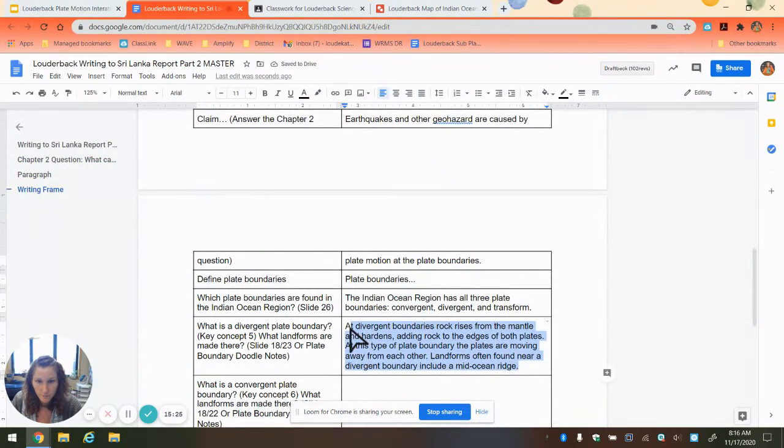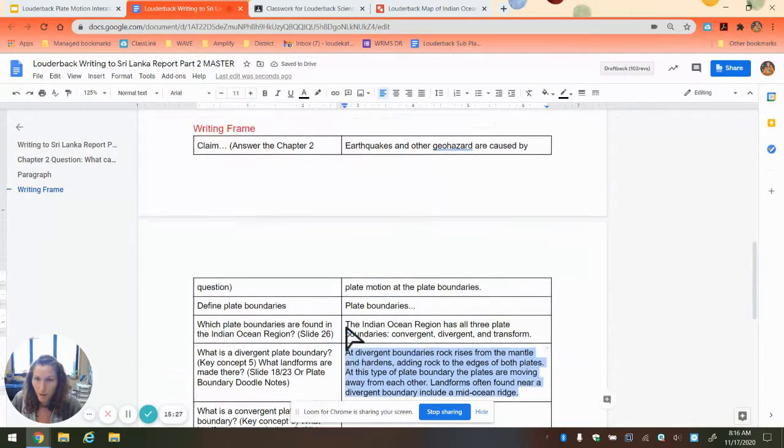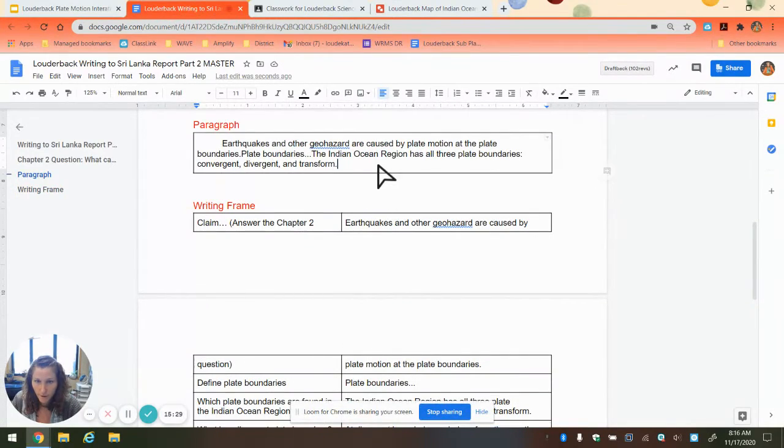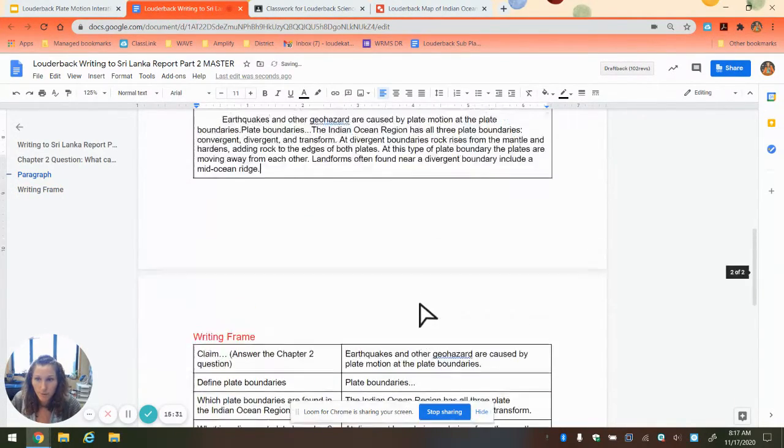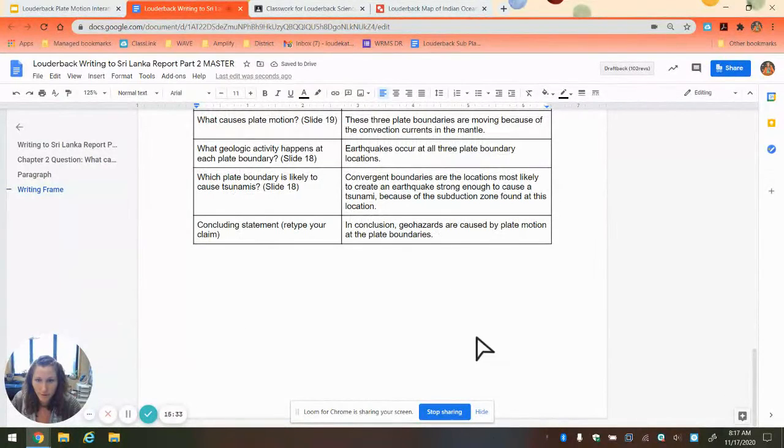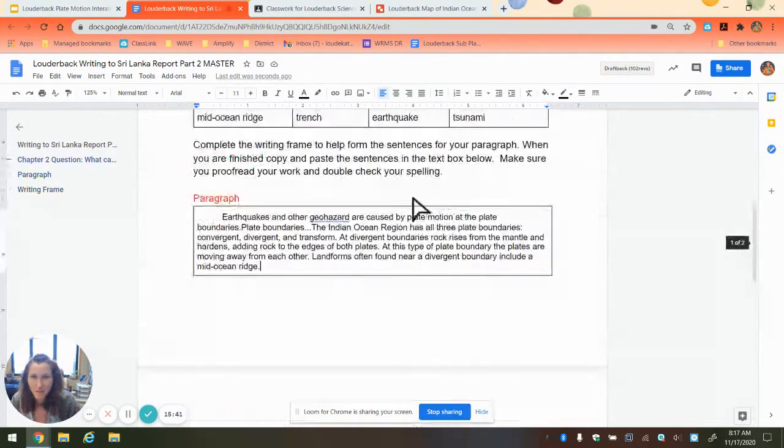I also want to remind you to please copy and paste it in the box above that says paragraph. I had a lot of kids who were putting it down at the very bottom. And if I'm honest, sometimes teachers are like students. We're lazy. We don't want to take the effort to scroll all the way down to the bottom. So make sure your paragraph is placed in the actual location that's designated for paragraph.